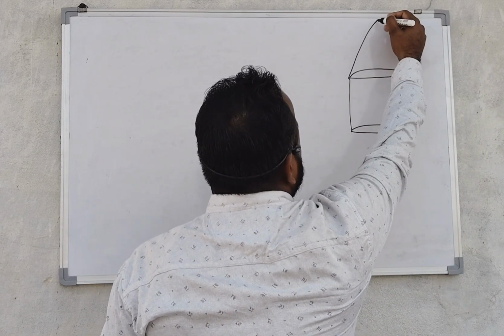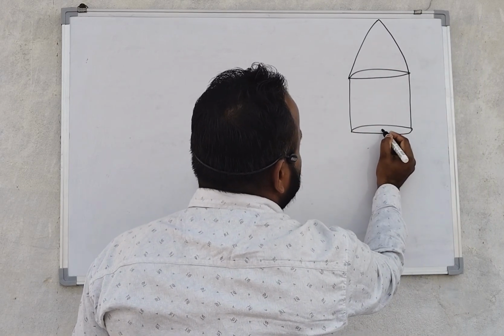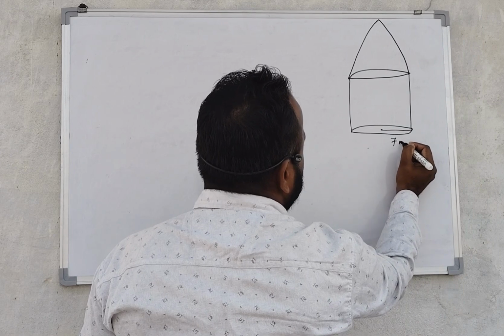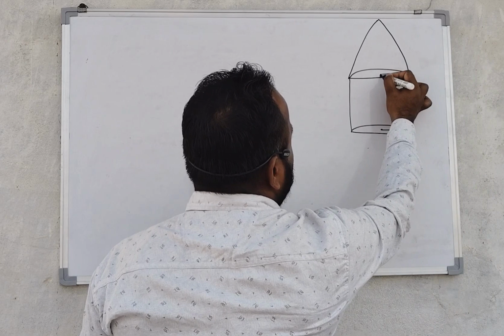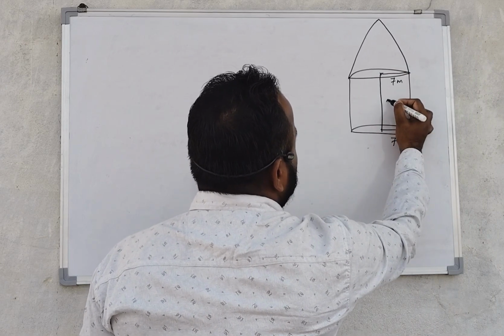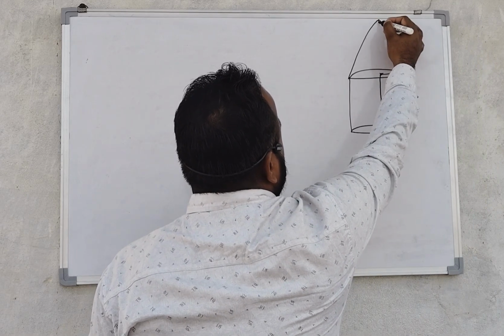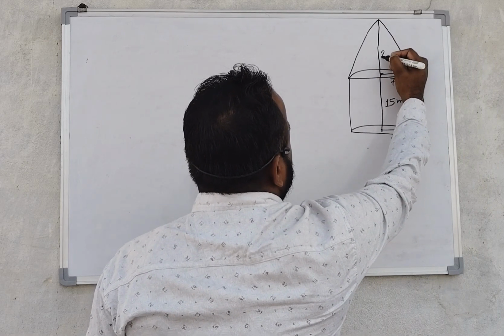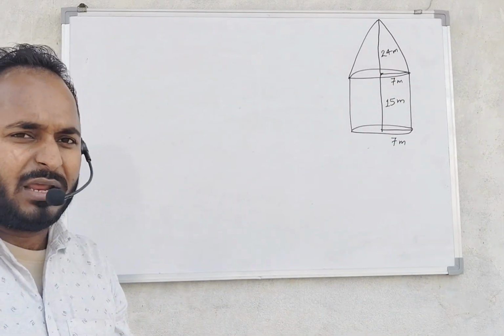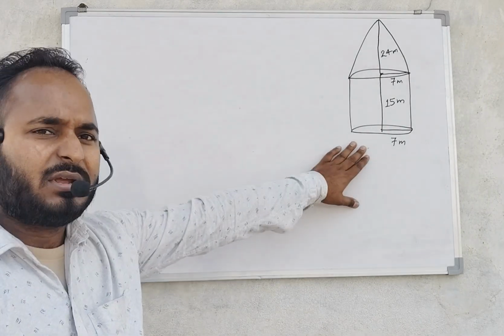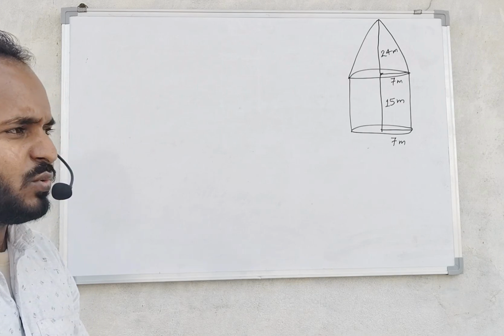The cone is mounted on the cylinder, so the radius of both cone and cylinder is 7 meters, the height of the cylinder is 15 meters, and the height of the cone is 24 meters. He wants to make a tent using canvas like this structure.